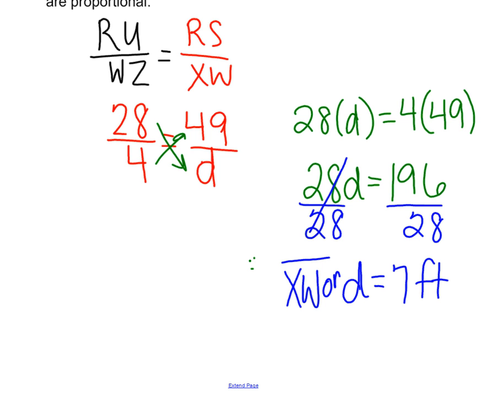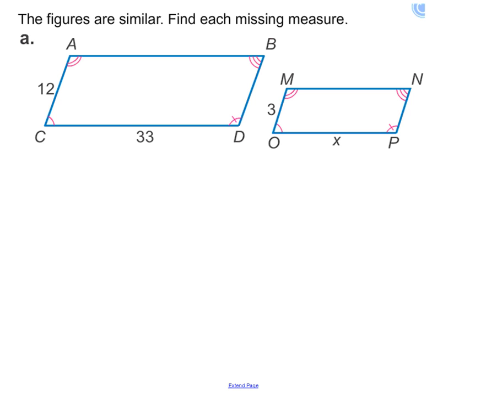Okay? All right, so I'm going to just give you two more examples with shapes just so that we can get comfortable with it. At some point, you don't have to start doing the letters of it, and you can set it up when you're comfortable. So I'm actually going to do that with you now. So I'm going to set up the corresponding sides AC and MO. So I know it's 12 over 3.